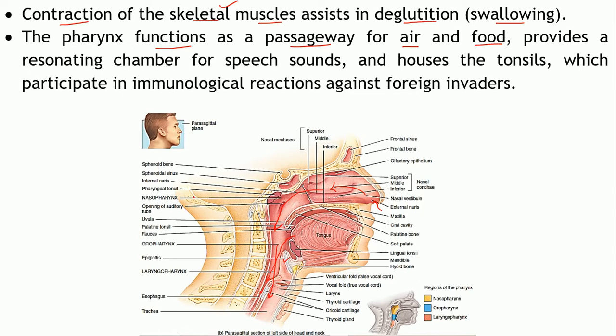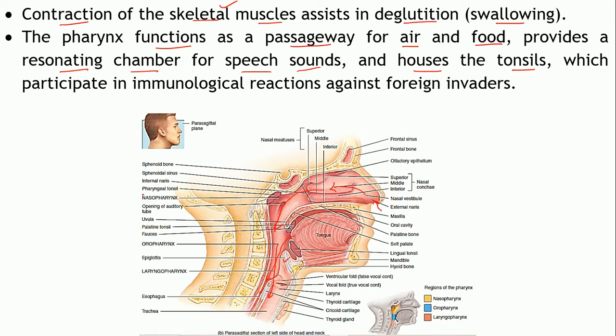Apart from that, it provides a resonating chamber for speech sounds. So variations in the sounds as you speak are made possible because of the pharynx. It acts as a resonating chamber. Also it houses the tonsils.